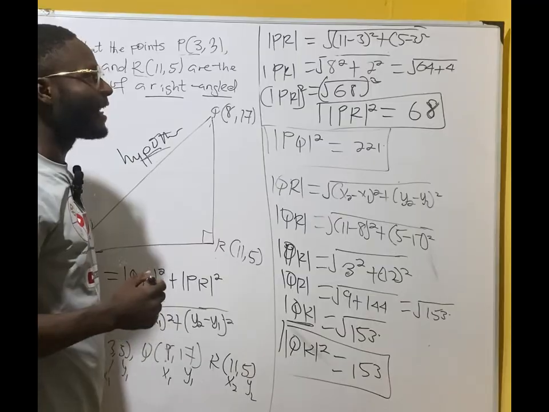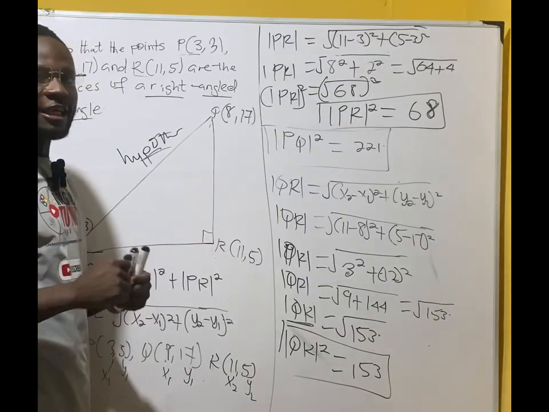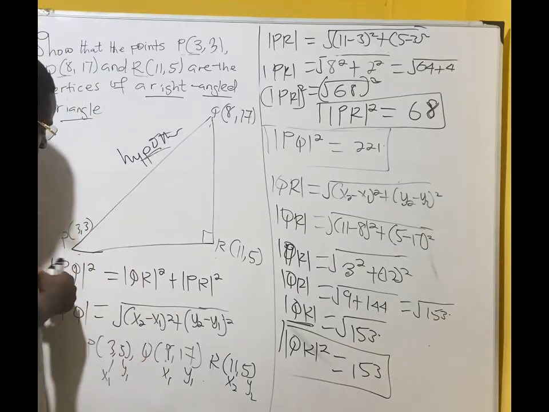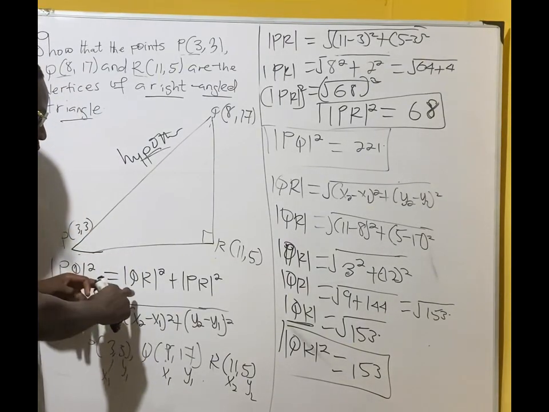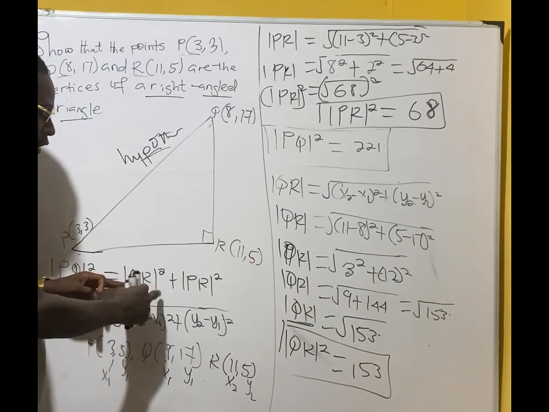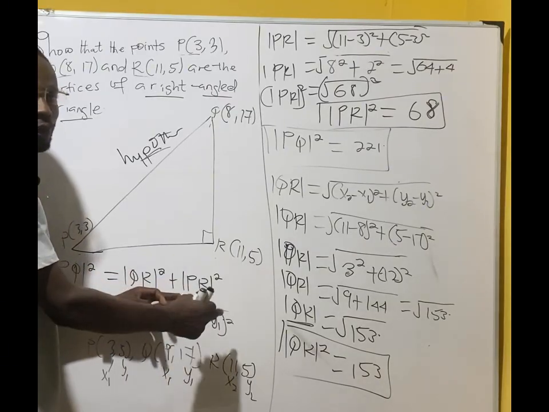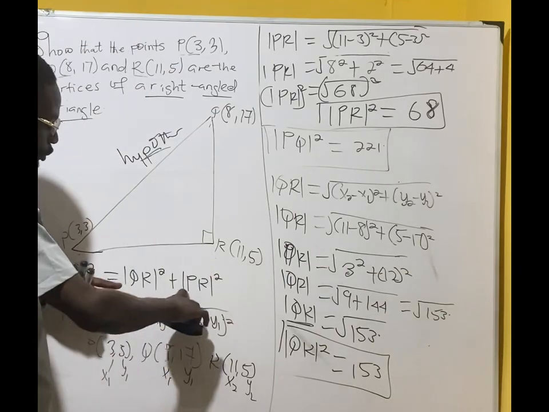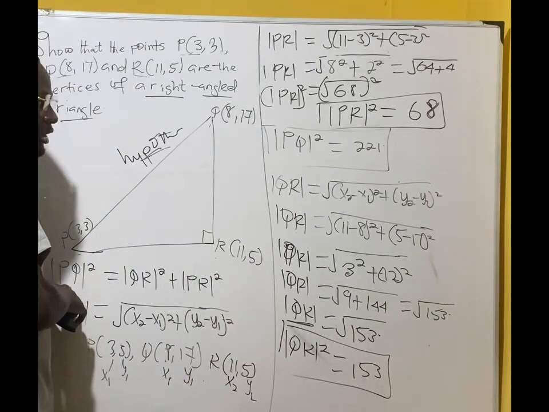So now we are going to follow the Pythagorean theorem. You know that PQ squared should be equal to QR squared plus PR squared. So what are you going to do? You're going to sum these two and check if it's going to be equal to 221.